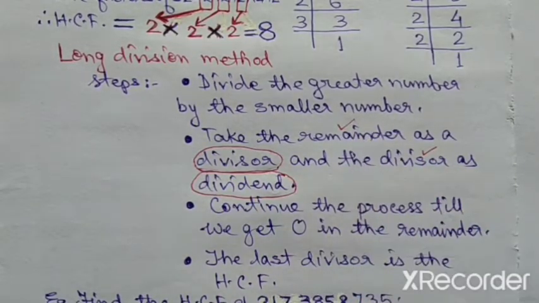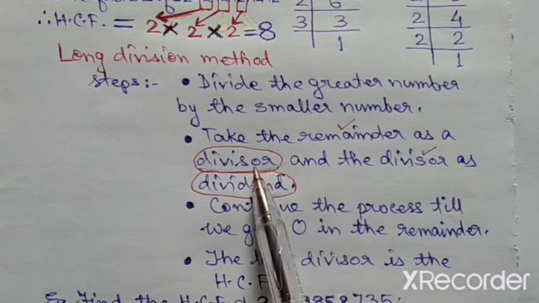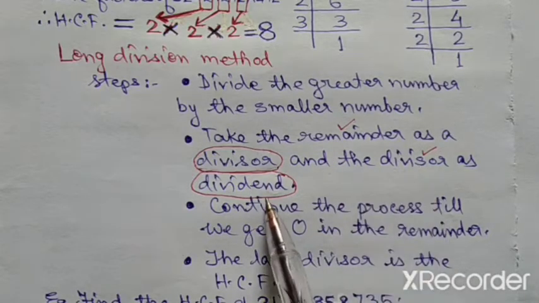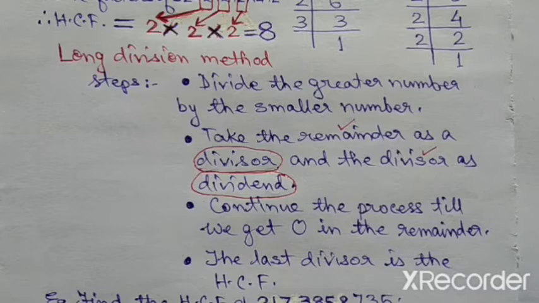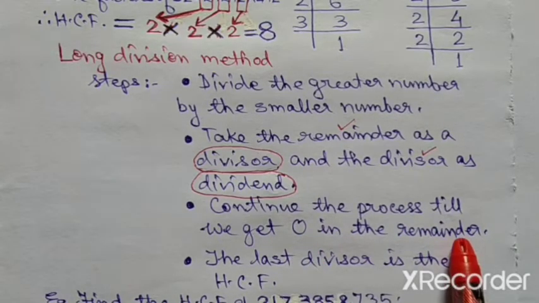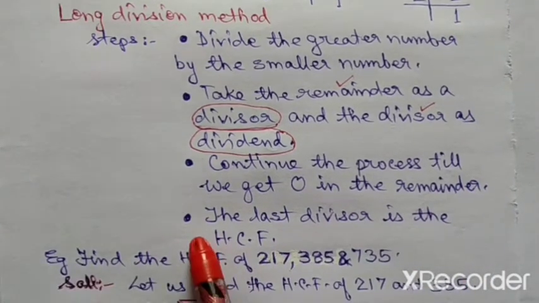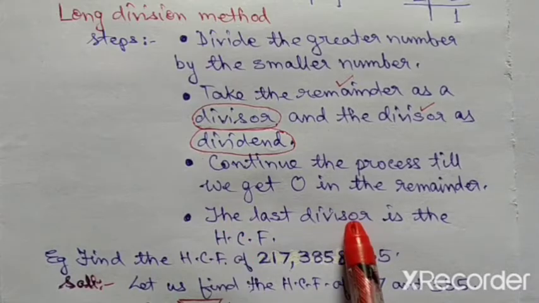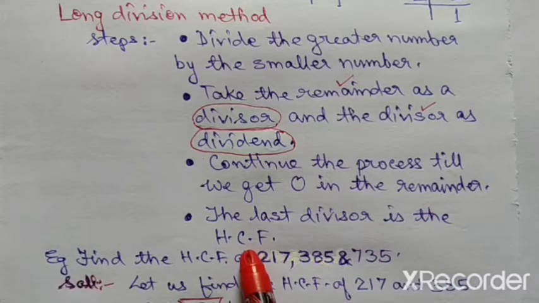This is the second step. Third step, children: continue the process till we get 0 in the remainder. And the last divisor is the HCF of the given numbers, children.